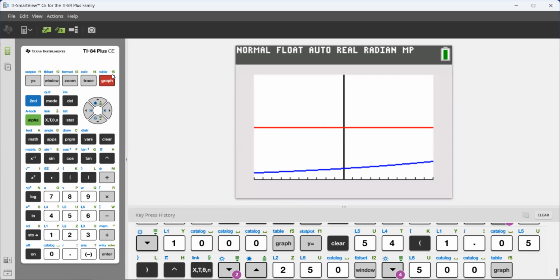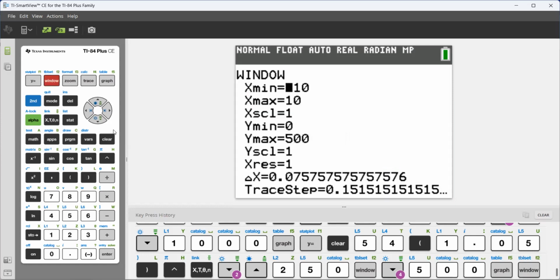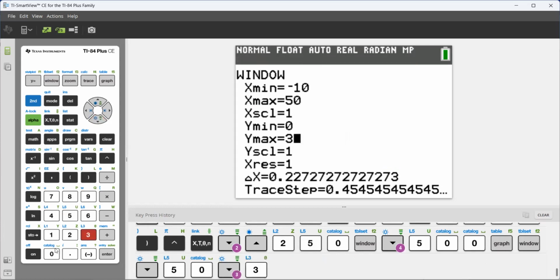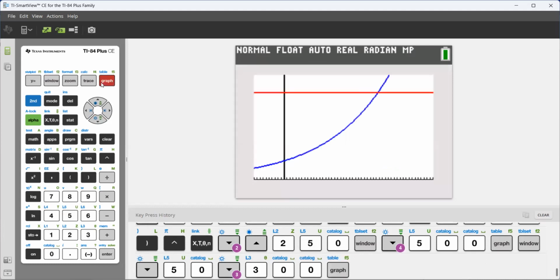It doesn't look good. My x should change, especially the positive side. So I'm going to go back and do, let's say 50. And then I'm also going to decrease my y to 300. Oh, this is better.